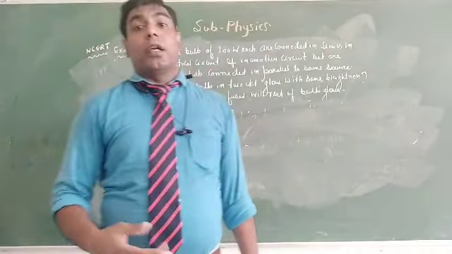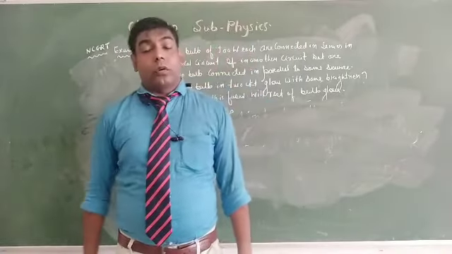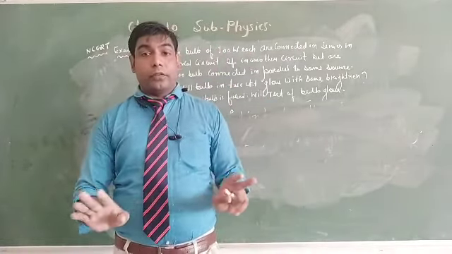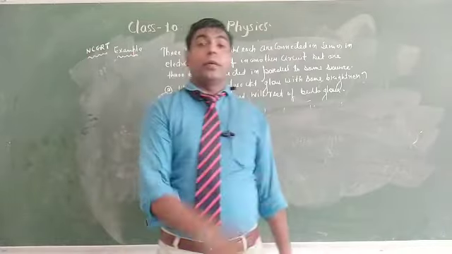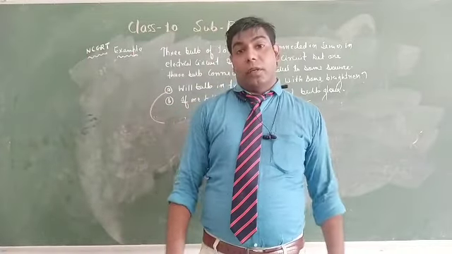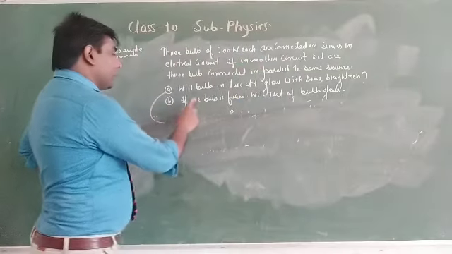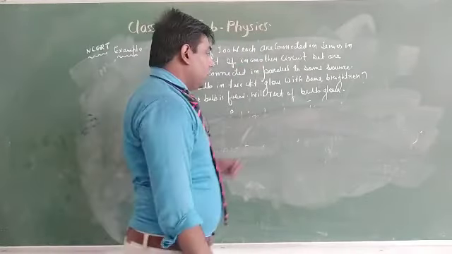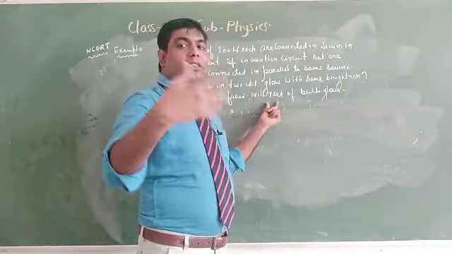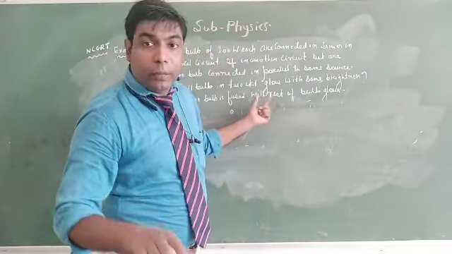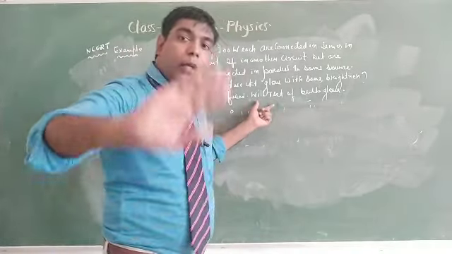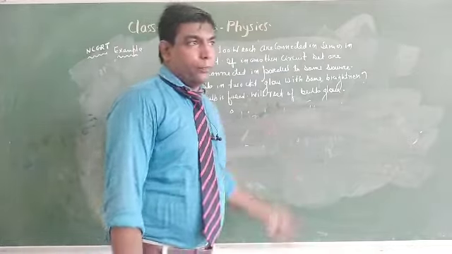In a parallel circuit, if one device or 2 devices are damaged, then the other devices will continue to run with the same current. So here the answer will be: if one bulb is fused in a series circuit, the rest of the bulbs will not glow. But in a parallel circuit, the rest of the bulbs will glow.